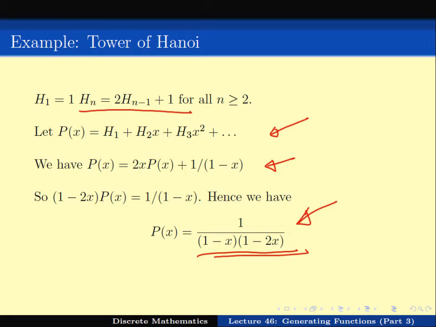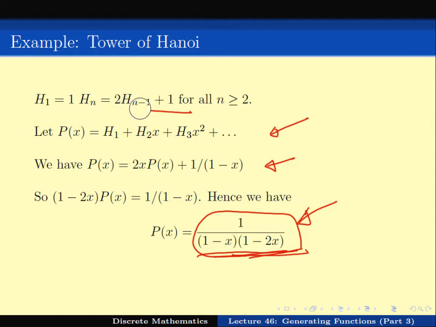It's a very simple thing that I did, but the generating function is an extremely powerful tool, and this is how it basically always goes. You start with the generating function, then use the recurrence and whatever else you know to write the polynomial p of x as a function of x. Once you do that, our goal is reduced to just understanding the nth coefficient of this function that we have.